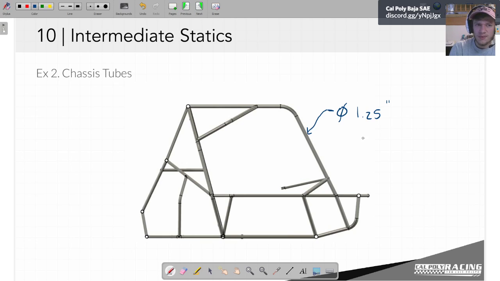And I don't remember what the thickness is required by rules, but I know our chassis is 0.65 for these overhead members. And let's say I'm the new chassis lead, and I think, well, we can lose a bunch of weight if we just shrink those members. What's the worst case scenario I could think of that these members might experience? And the problem that we're about to do is definitely not the worst case.